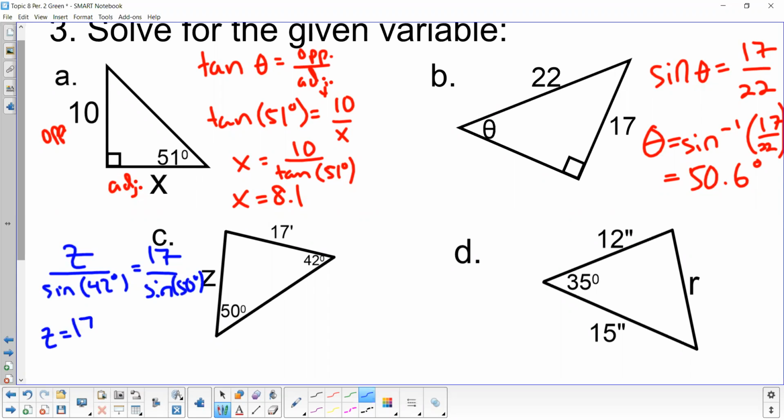So Z is 17 sine 42 over sine of 50. And I got about 14.8.